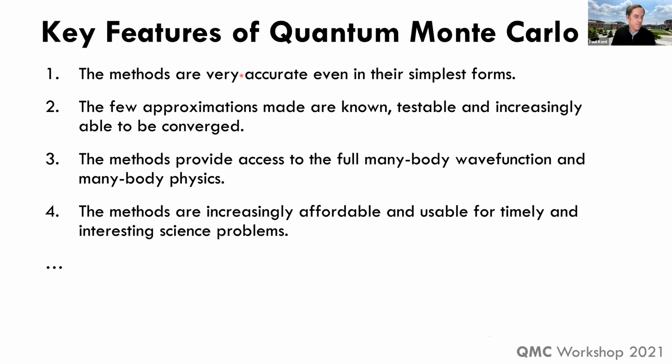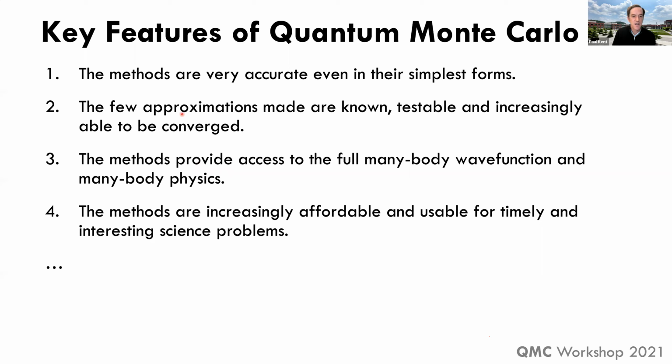So first, and I think this is probably why most of us are here and perhaps why many of us got into using the methods, they're really very, very accurate in their simplest form. So this makes them very useful for benchmarking, providing reference data on material and chemical systems when other methods might be in question.